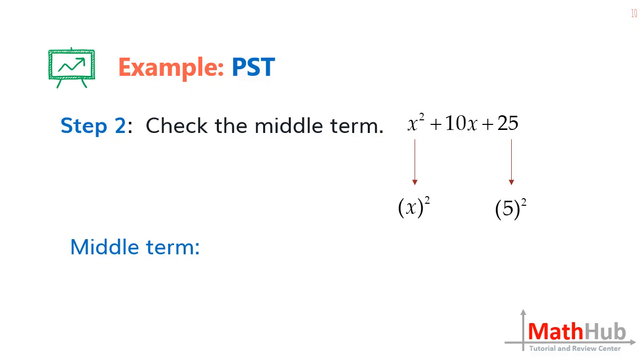Is the middle term equal to twice our numbers here, x and 5, which is equal to 10x? Correct. Our middle term is 10x. So therefore, you simply get x, you get 5, since the middle term is plus, that's also plus, and then square. Okay?